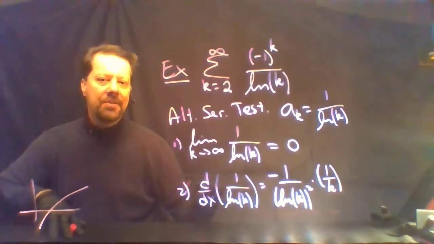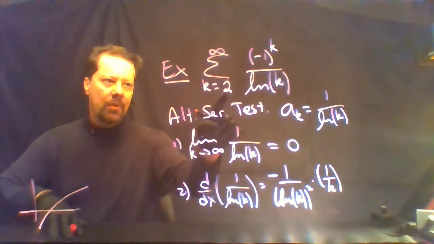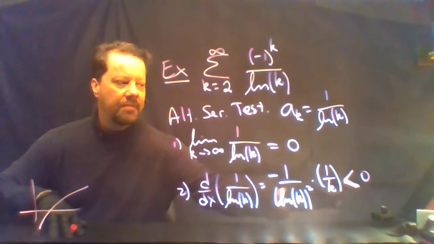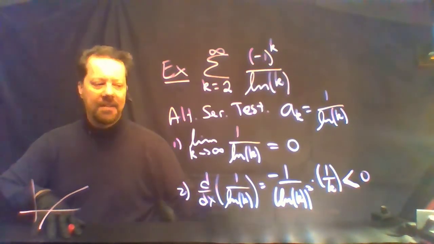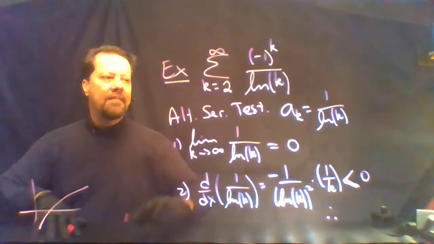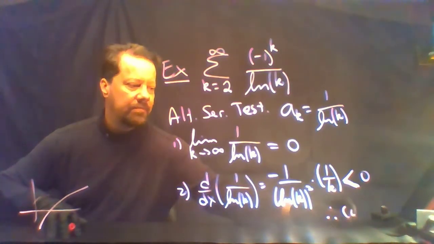Since k values are taken from 2 or higher, this will be negative in that region, and hence this is monotone decreasing. We deduce then that the series converges.